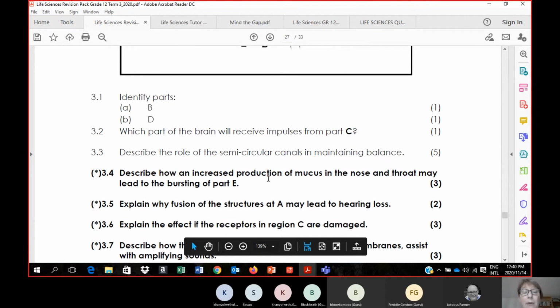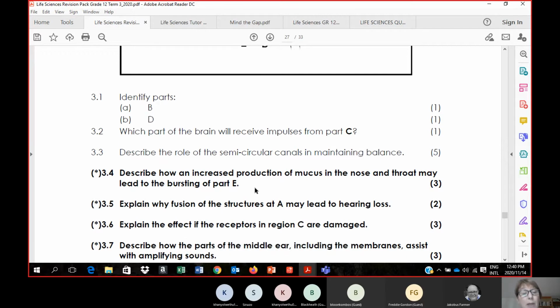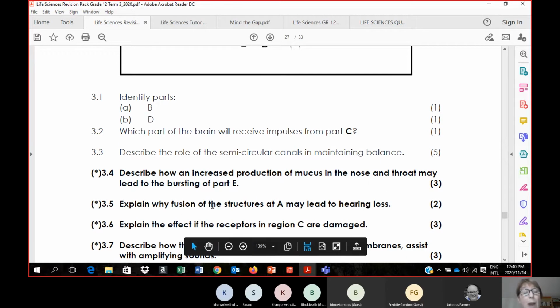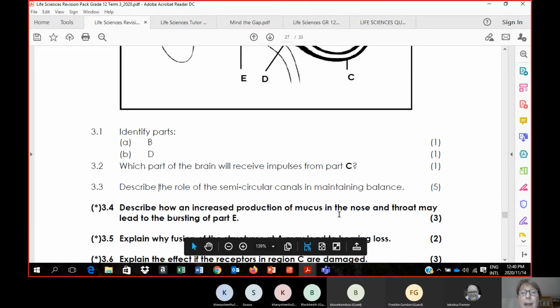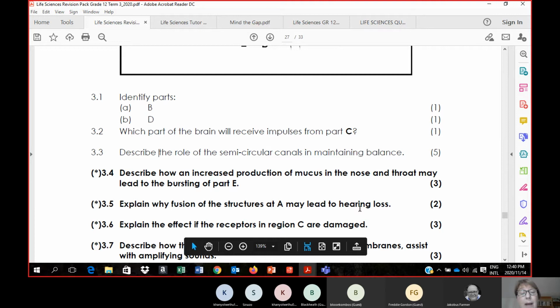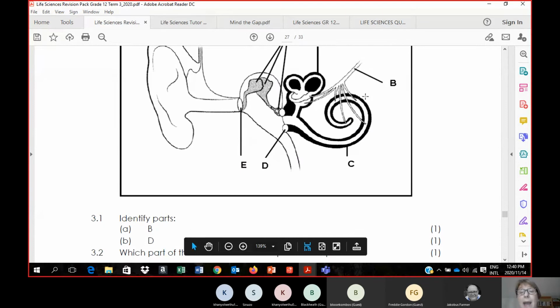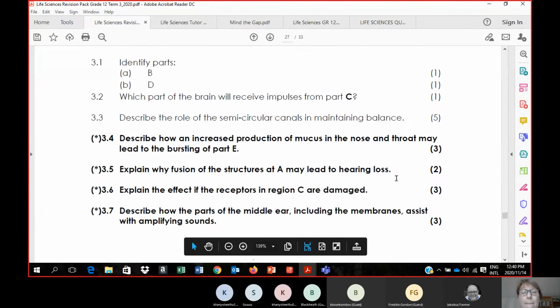Then describe how an increased production of mucus in the nose and throat may lead to the bursting of part E. Explain why fusion of the structures at A, so that's those little ossicles, may cause hearing loss. Explain the effect if the receptors in region C are damaged over here in the cochlea.